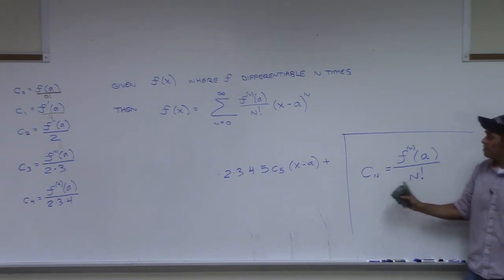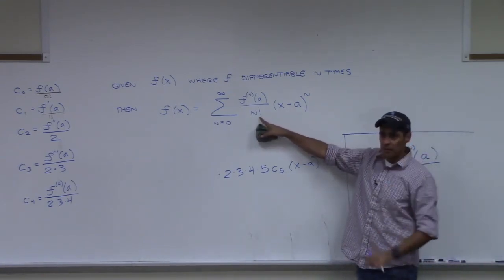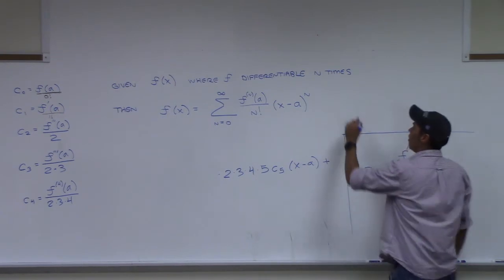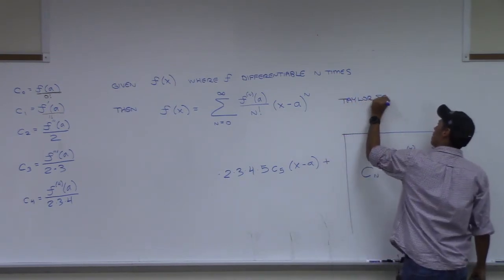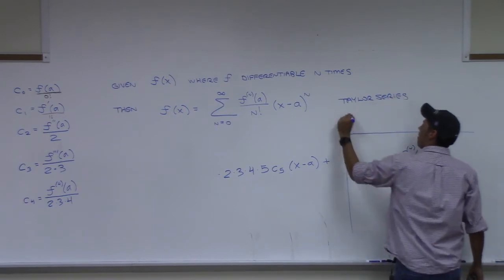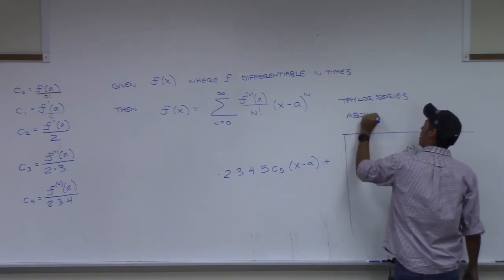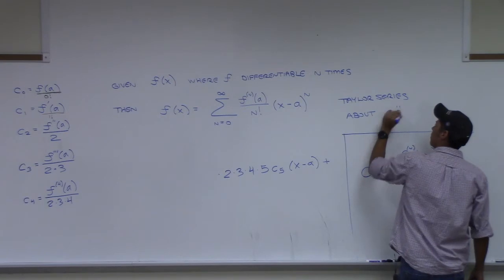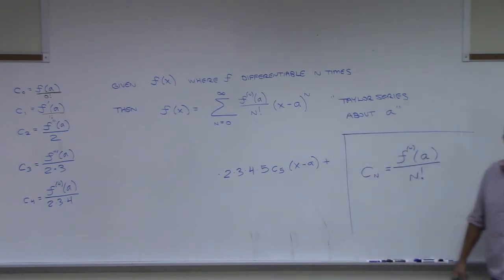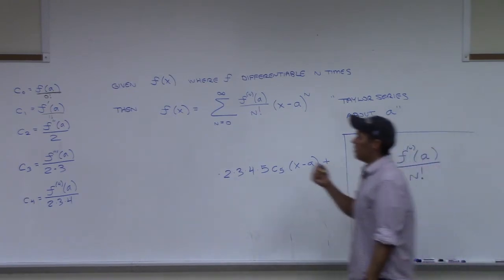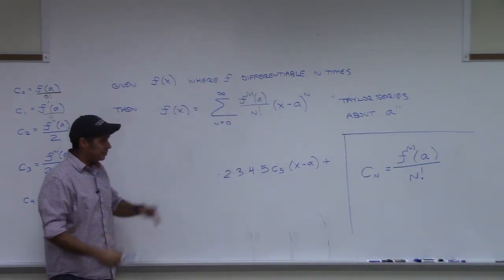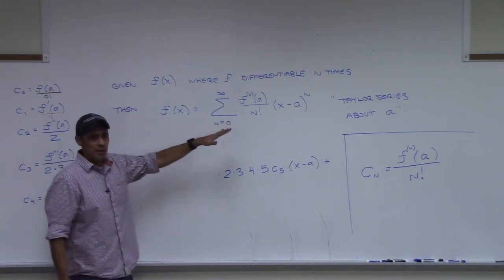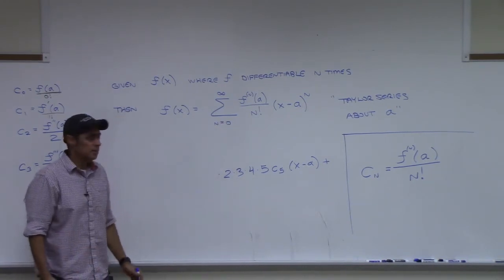And this is called the Taylor series about a. So someone has to hand us a function. We need to be able to differentiate it n times. If we can do that, then we should be able to write out its Taylor series.